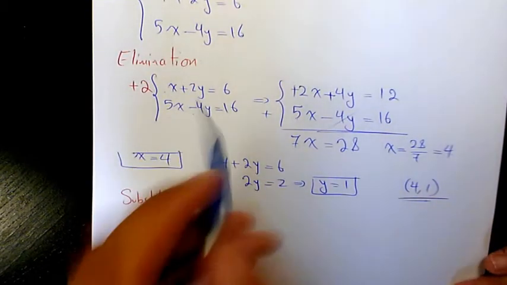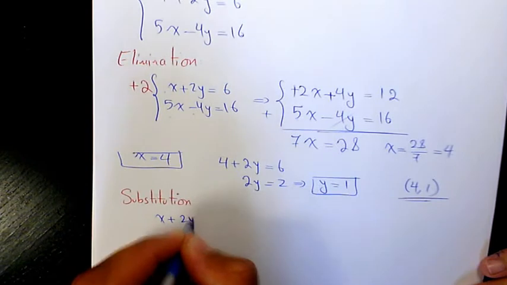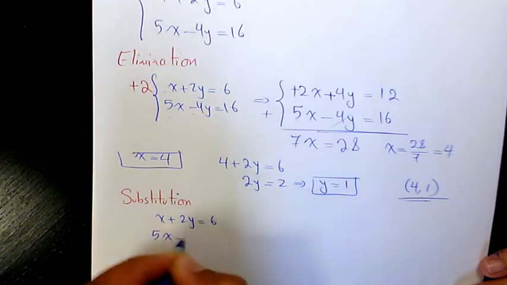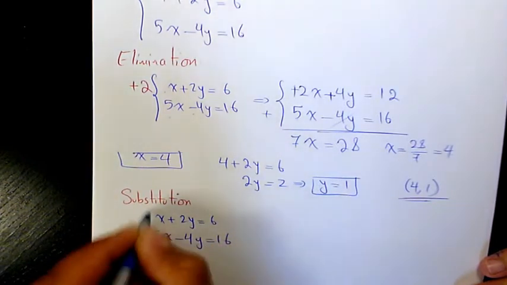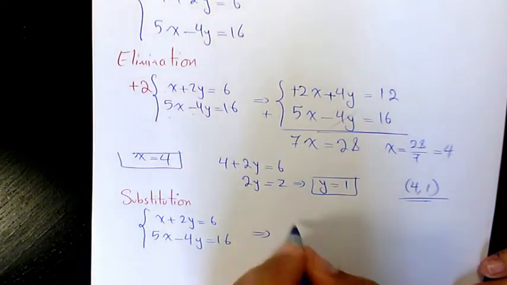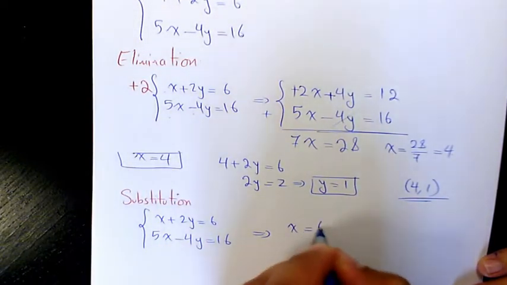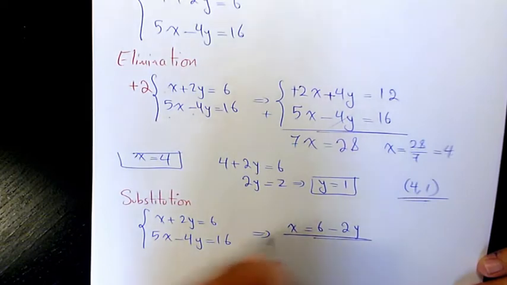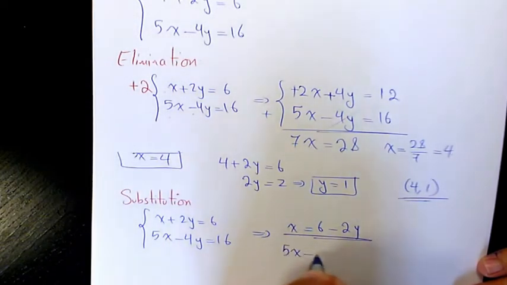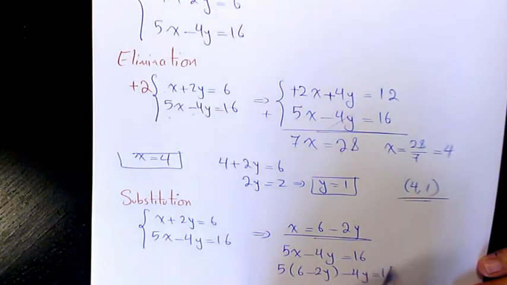For the substitution method, we have x plus 2y equals 6 and 5x minus 4y equals 16. If I isolate x in the first equation, it's going to be x equals 6 minus 2y. Then you sub it in the second equation, 5x minus 4y equals 16. So 5 times (6 minus 2y) minus 4y equals 16.